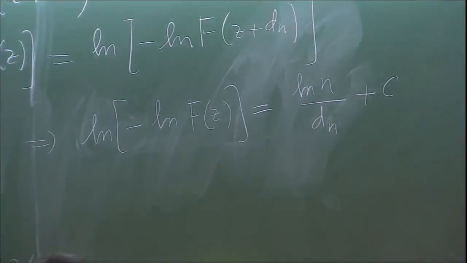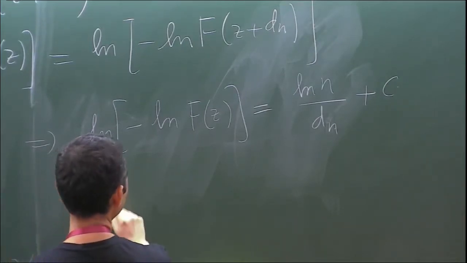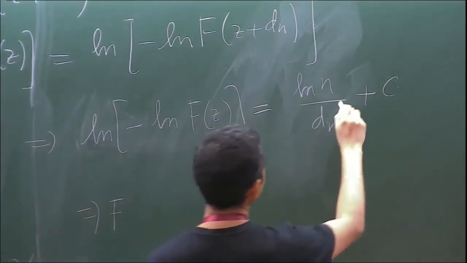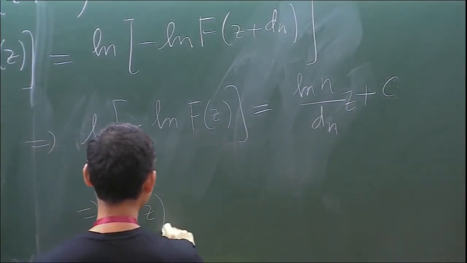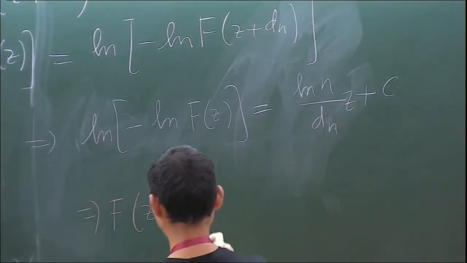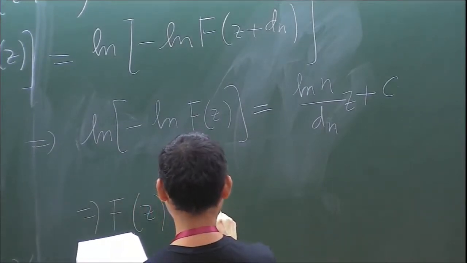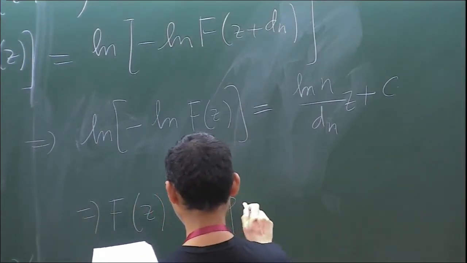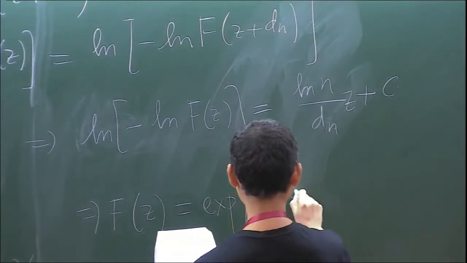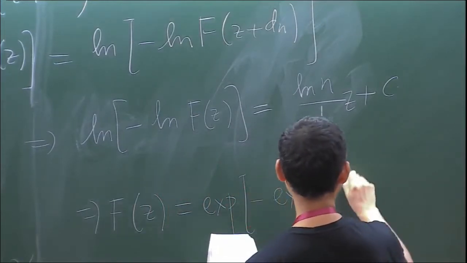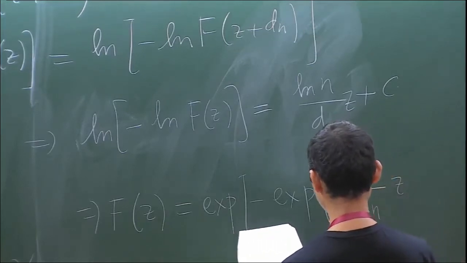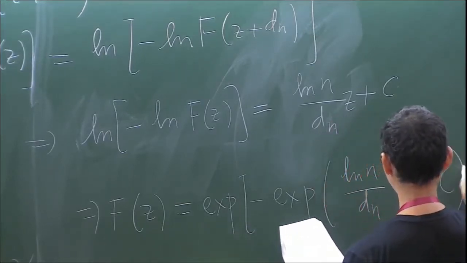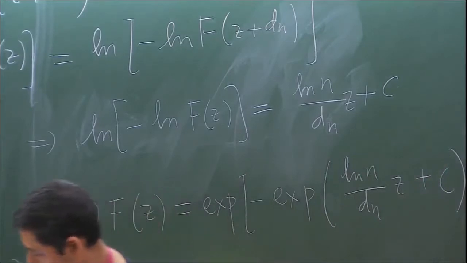Okay, this is what you have. So therefore, f of z is given by exponential of minus exponential of log n by dn z plus c. Okay, this is what you have.